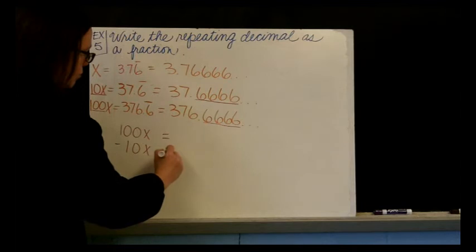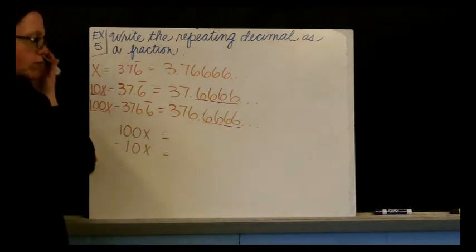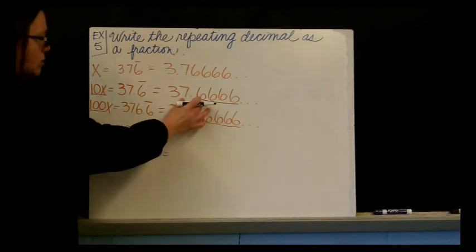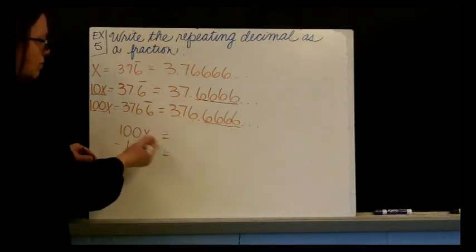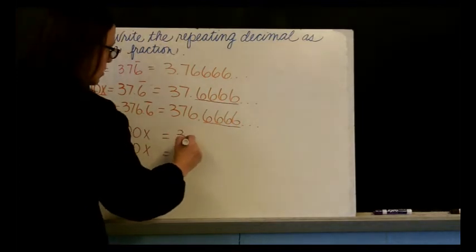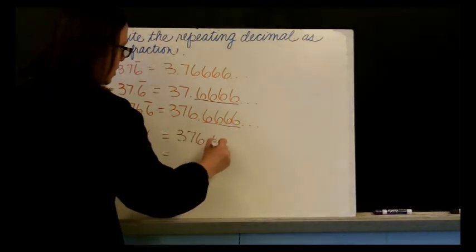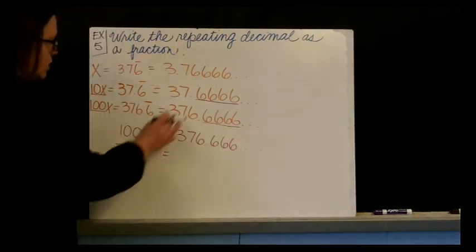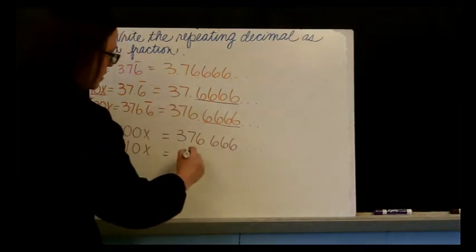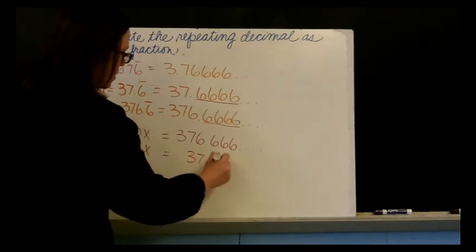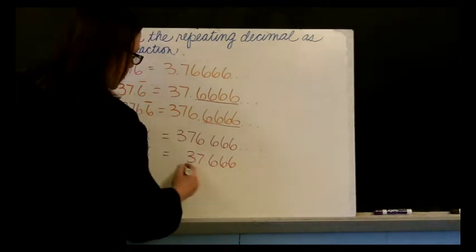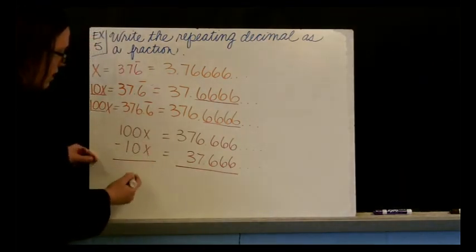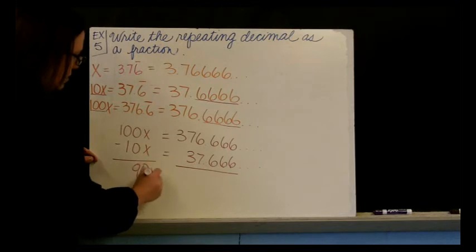And then, if you remember from example 4, the example right before this, I also include what the values of these are. 100x is 376.666 repeated. 10x is 37.6 repeated. And we subtract. 100x minus 10x is 90x.